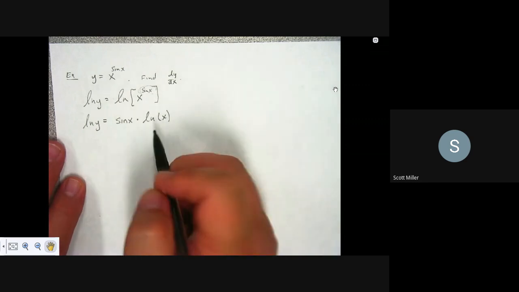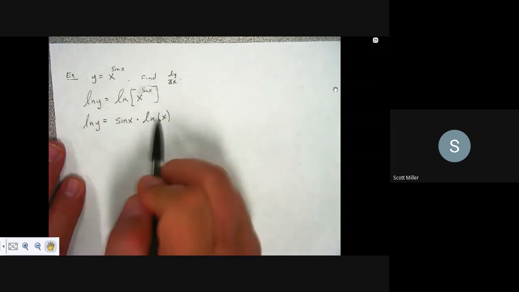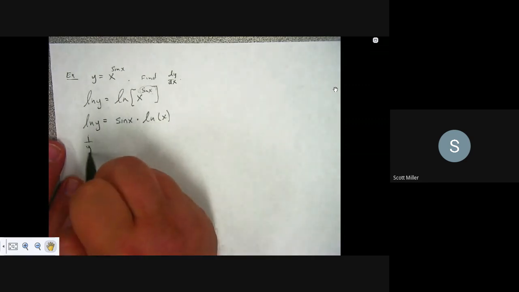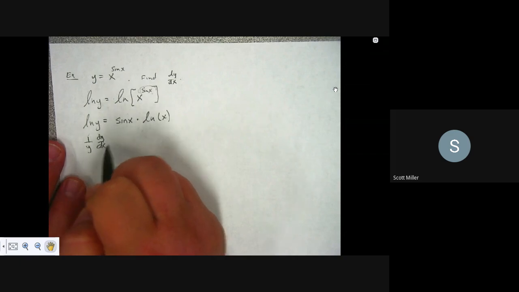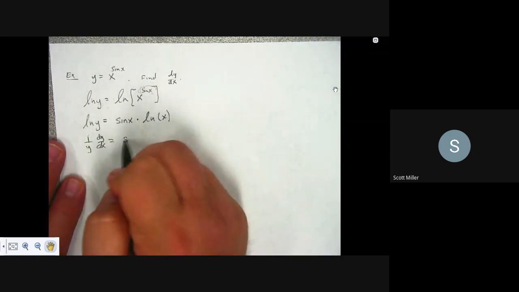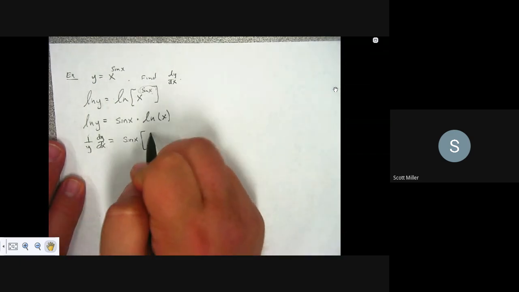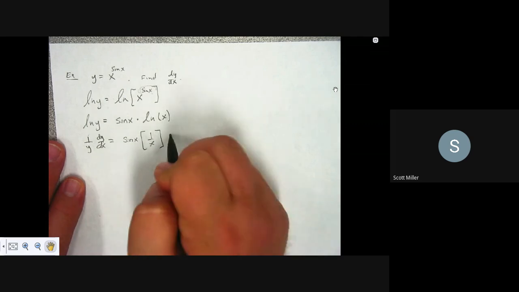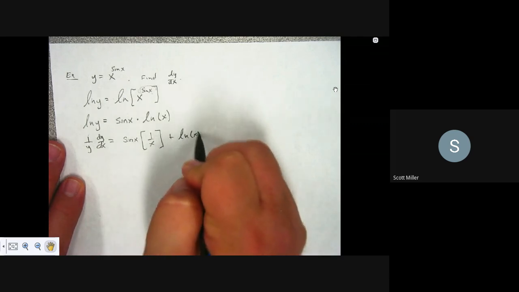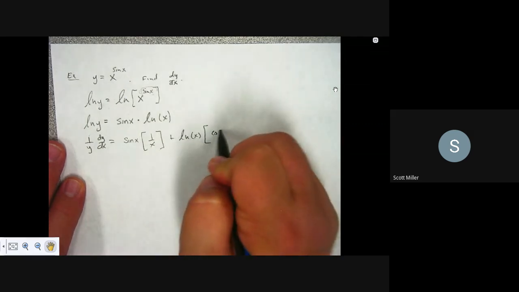And then I can take the derivative now, and I have a product rule here. So this is going to be 1 over y dy dx equals the first times the derivative of the second plus the second times the derivative of the first.